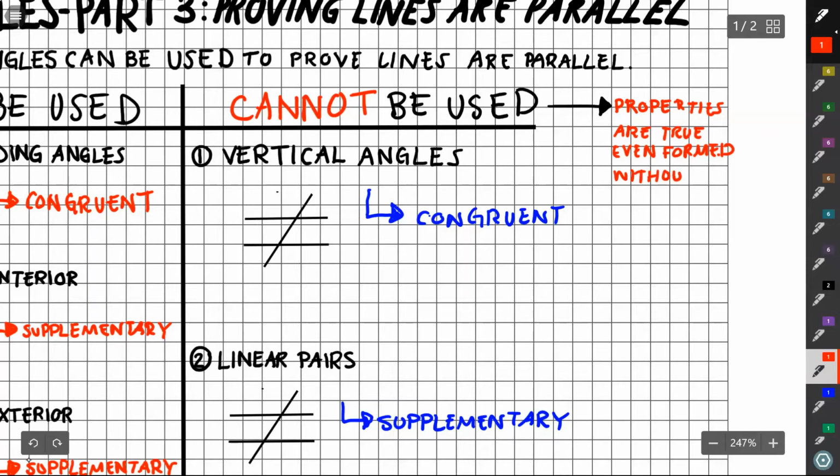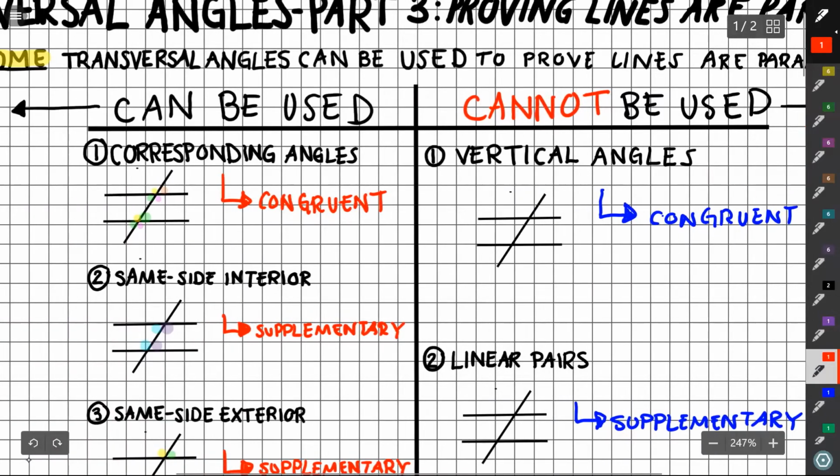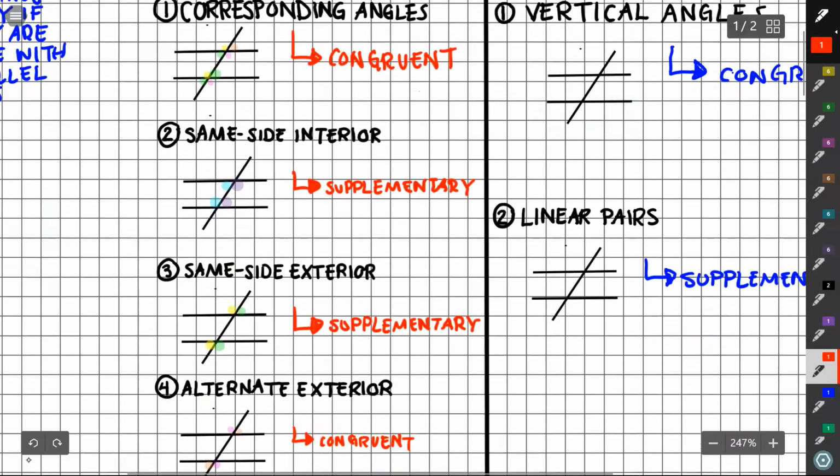And you can look at an example in part 1 where we go through the parallel and non-parallel version of these lines. Alright, so I'm not going to label them because we don't really need to know these properties for what we're doing today. Alright, I want us to focus only on these 5 angle pairs.